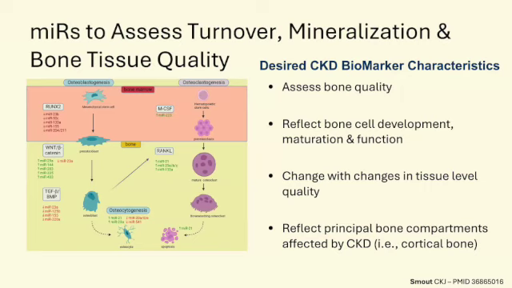So in other words, if you're using it to tell you what the underlying bone quality is in the beginning, so what's the bone turnover in the beginning, and then you give somebody an anti-resorptive, you want it to change in response to that drug to help you monitor treatment. And then you also want this to reflect what's going on in the appropriate bone compartment. And in CKD, we're mostly concerned with the cortical bone compartment. So we want to make sure that the microRNA has information regarding cortical rather than trabecular bone.